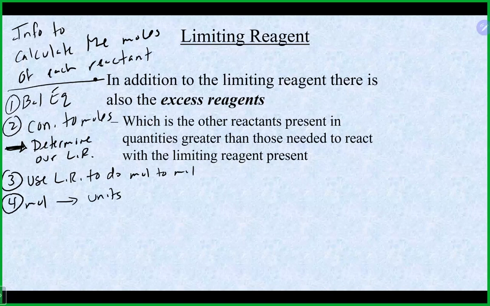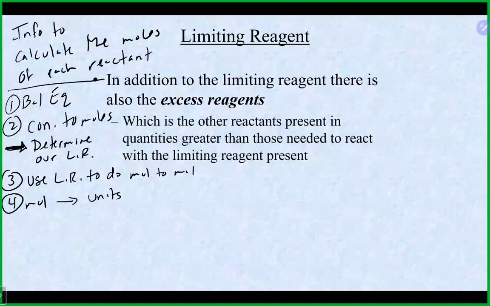So this first method really follows the same method we've been using, except in between step number 2 and step number 3, you do have to do a very small calculation to figure out which one's your limiting reagent. Other than that, you can proceed with the limiting reagent after that point.